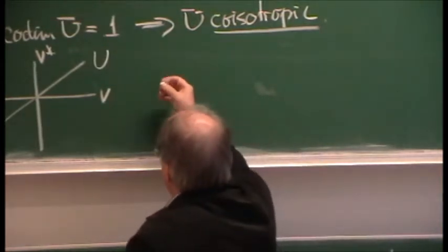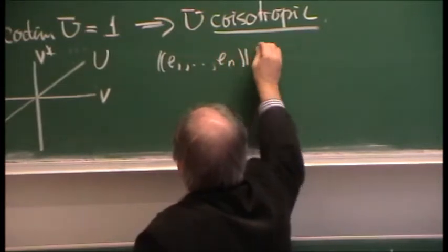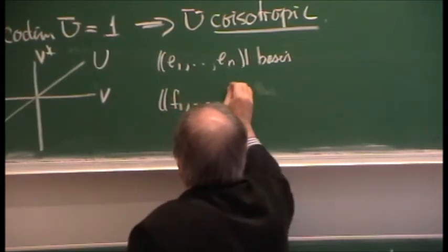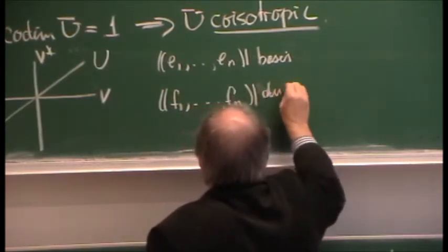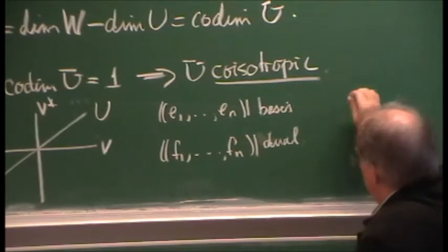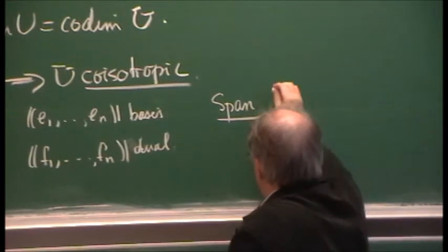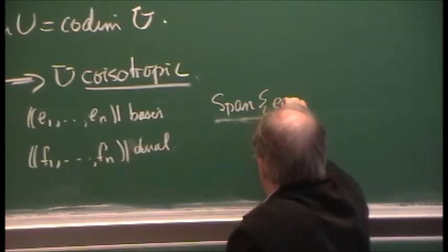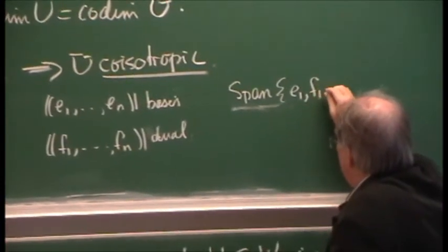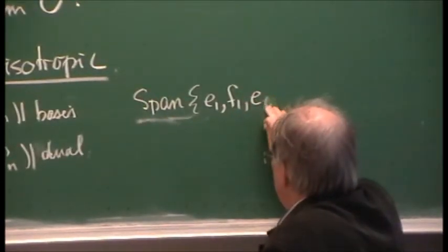Let's try this. For example, let's just try to take a basis E1 through En here. I'll just try something. F1 through Fn, the dual basis. Let's try something like the span of, well, something completely stupid, E1, F1, and now the rest of them.